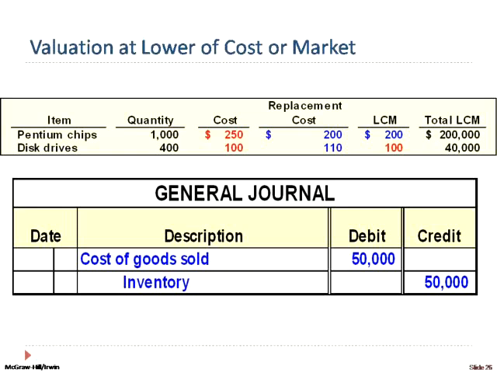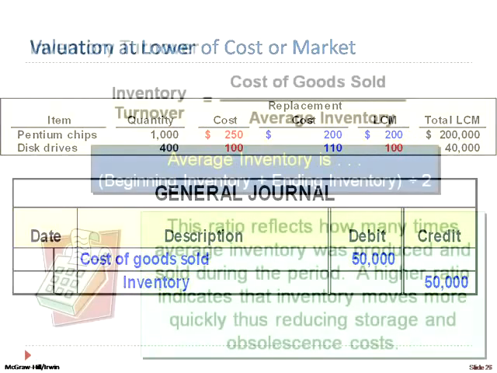Dell would make the journal entry illustrated that debits cost of goods sold for $50,000 and credits inventory for $50,000. Since the market price of the disk drives of $110 is higher than the original cost of $100, no write-down is necessary. Recognition of holding gains on inventory is not permitted by generally accepted accounting principles.